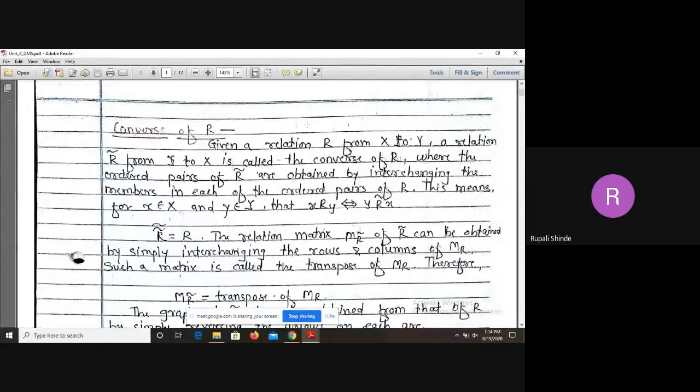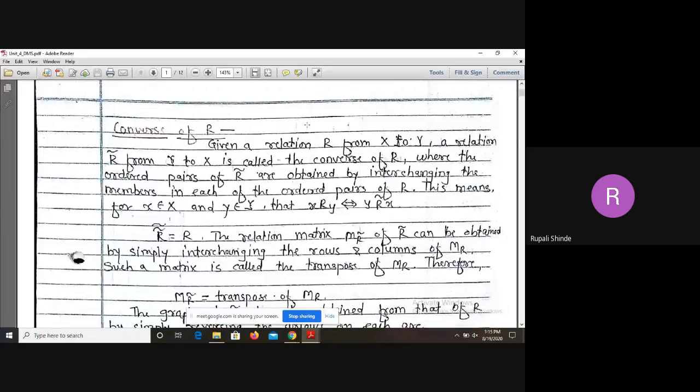Now if you want to find the converse of that relation, then the converse will be from y to x. Now suppose your relation R contains one ordered pair 1, 2. Now, how to obtain R converse? That is obtained by interchanging the sequence of elements in the ordered pair.